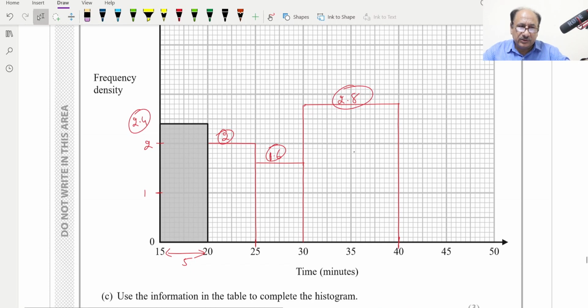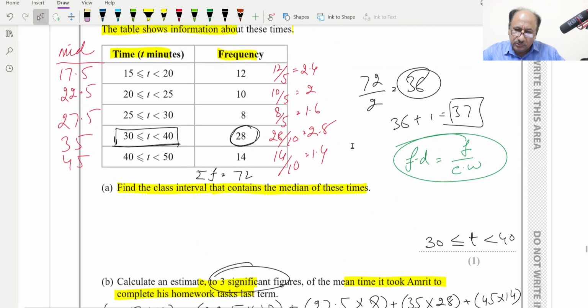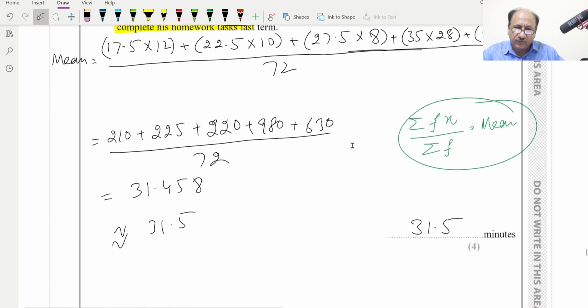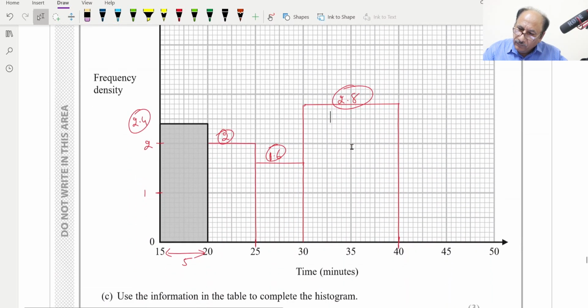Then next, if we move to the last one, I think so it's the last one. So yeah, 40 to 50 is 1.4. 1.4 will be up to this one.